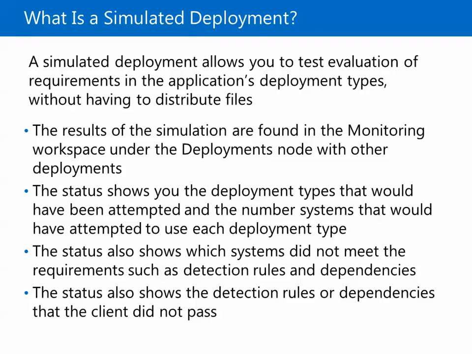We are evaluating whether that application can be deployed to all my PCs. That is nothing but simulated deployment. First it checks before downloading the content. So to identify which systems support it or not, we can use this simulated deployment. Clear?